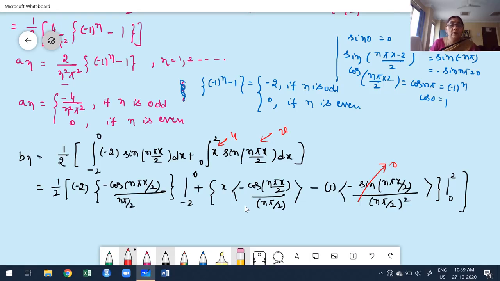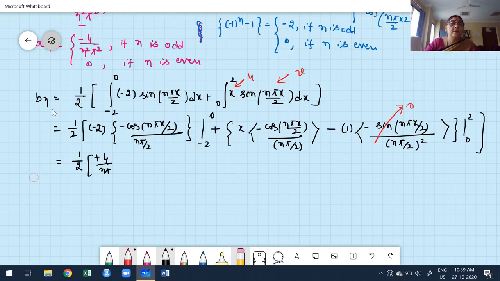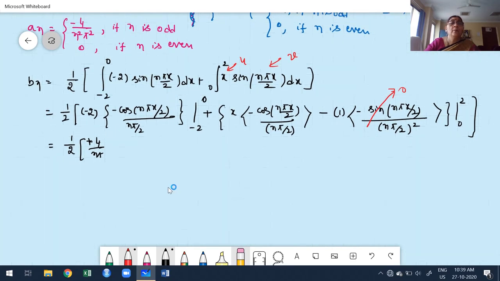Coming to this, 1 by 2 of, this 2 comes in the numerator, minus 4 by n pi. Minus into minus we get plus, therefore keep it outside. Apply the upper limit, which is 0. What is cos 0? 1.